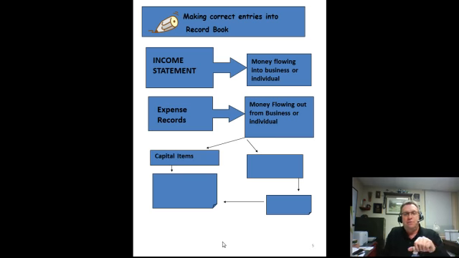And then we have what is known as capital items. Remember we said capital items are things you keep for more than 1 year. They are assets like vehicles, equipment that you need to run your business, that you have over time. So those are capital items, which are worth over $100, and you keep them for over a year. Then you have consumable items, which would be things you use up during the course of the year.